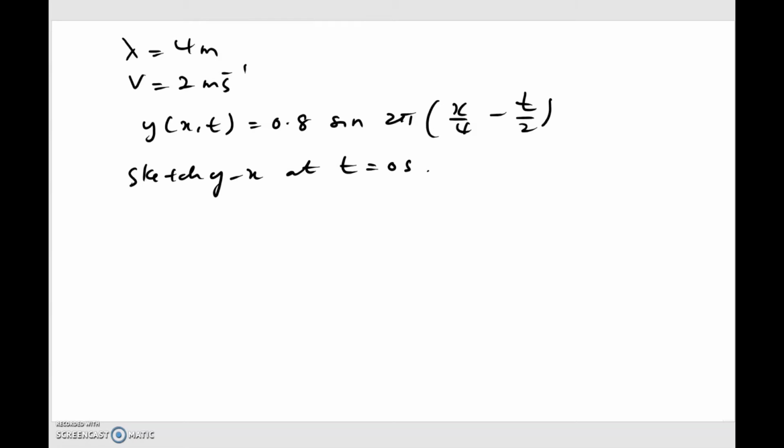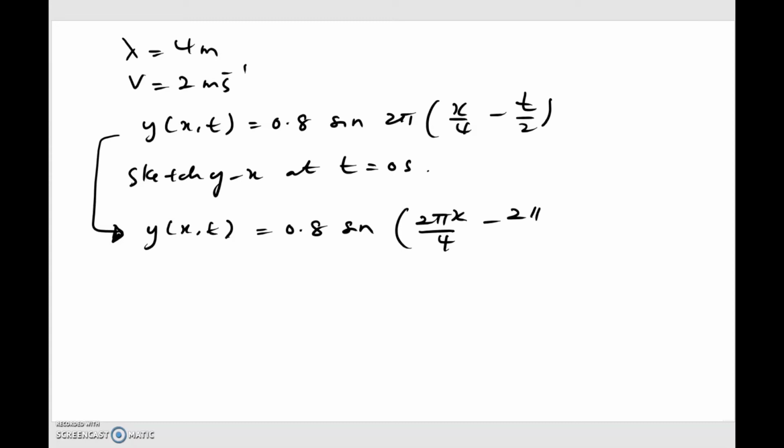So first we have to write the equation y(x,t) equal to 0.8 sine(2 pi x over 4 minus 2 pi t over 2).